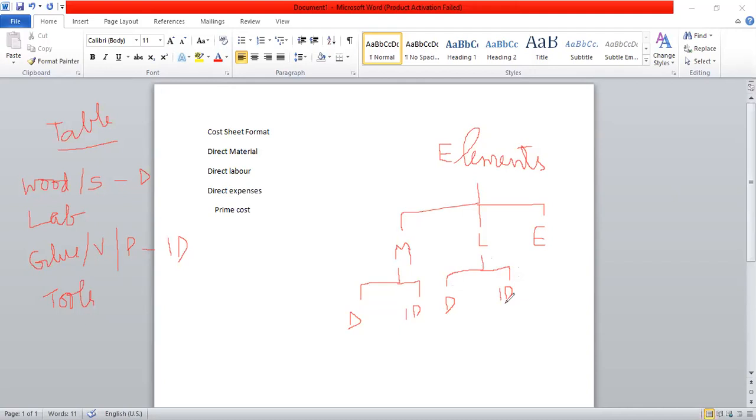Let's say there is a cleaner in the factory premises where the work is done. Some wages are paid to the cleaner, but can the cleaner's wages be identified for every single piece of table made? What is the amount of his wages charged? Can we identify that? No, it's not possible to identify. Therefore, such a cost is called an indirect cost.